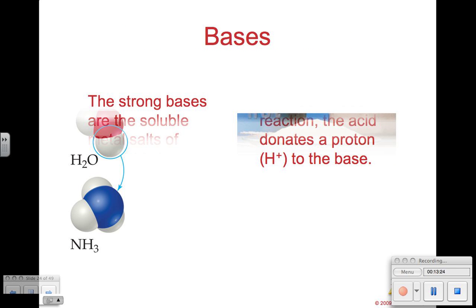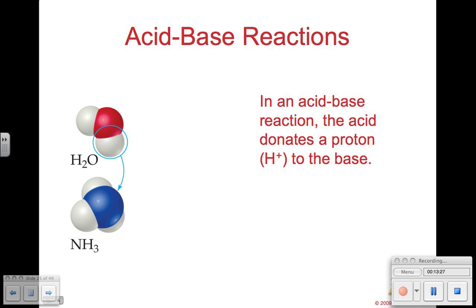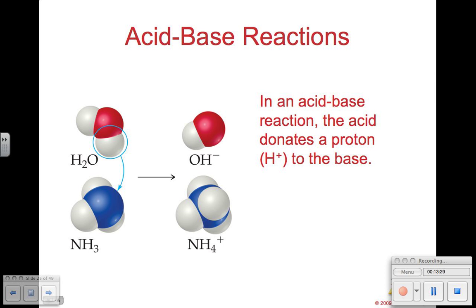So when you think of an acid-base reaction, the acid donates a proton to the base. Okay, so the water in this case would be defined as the acid, because it's donating a hydrogen to the ammonia, and the ammonia would be defined as the base because it accepts the proton.